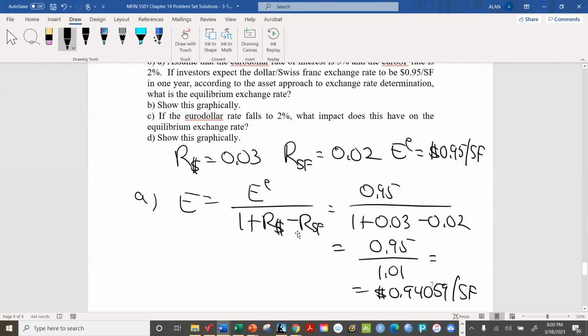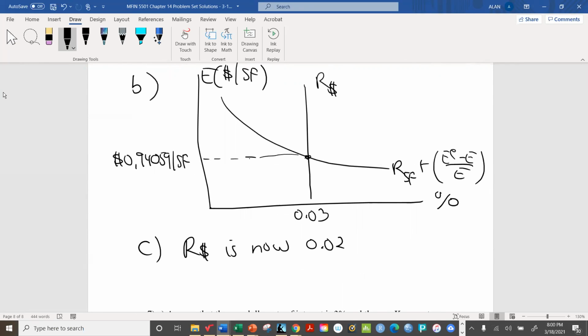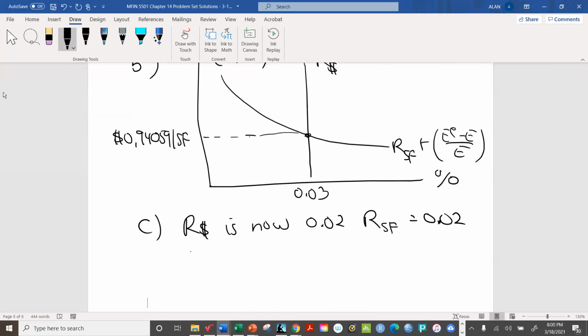The Swiss franc is still 2, and the expected exchange rate is still 95 cents per Swiss franc.